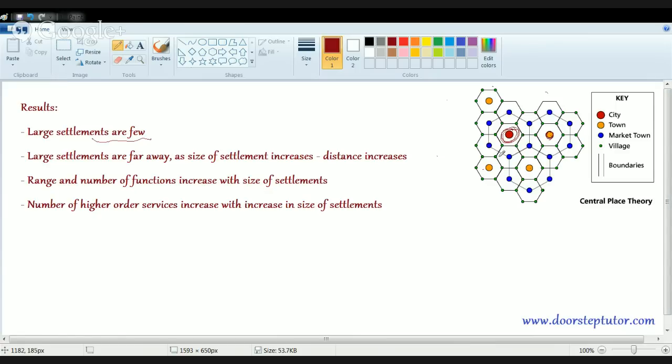And the final important thing the Christaller theory propounded was that the number of higher order services also increases with the increase in the size of settlement. So as and when the settlement tries to grow big and big, the number of services that are being served by that settlement also tends to increase. Okay.